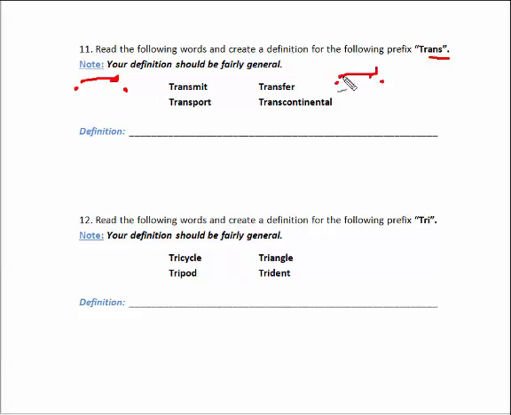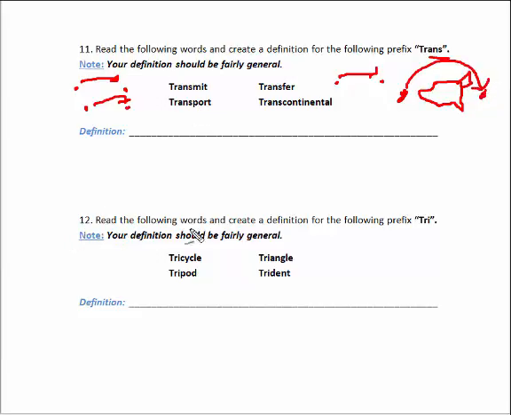Suggests movement again. Transport. A bus transports you from point A to point B. Suggests movement again. Transcontinental. You have the continent of the United States. And transcontinental would mean going from one part of the country to the other. It suggests movement. Trans suggests movement.